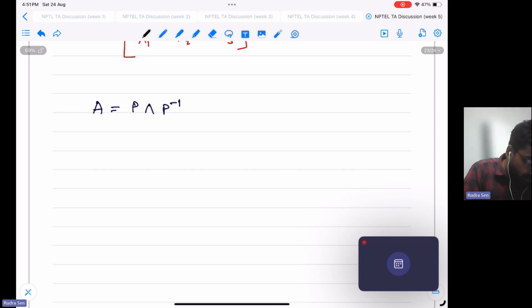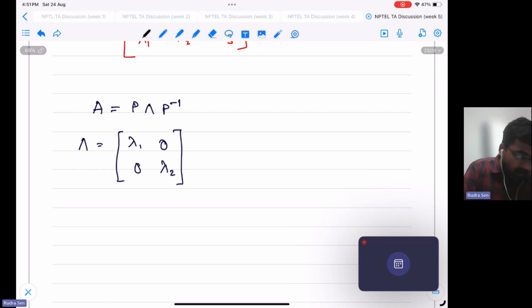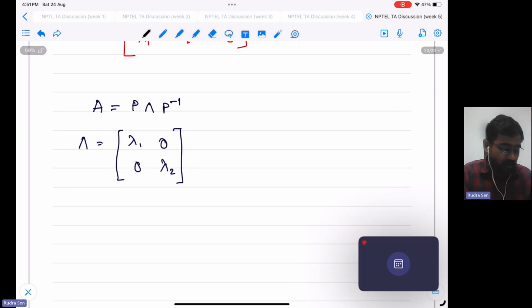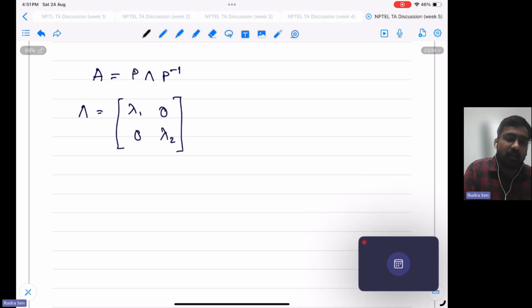And we know that this lambda, I'm just writing down in a 2 cross 2 format. You can convert it into 3 cross 3, 4 cross 4, or n cross n format. So we know that this always happens, right? This lambda is in this format. So if it is in this format, it is very easy to find out e to the power lambda t, right?